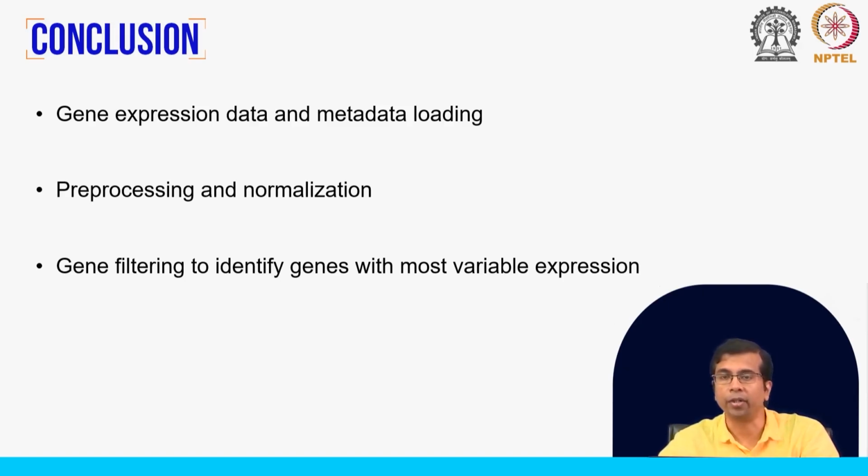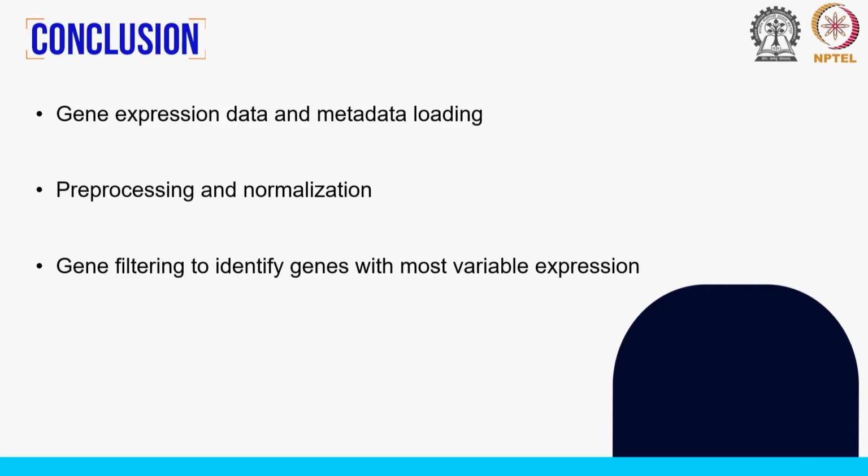So, normalization included normalization with DESeq2 package as well as variance stabilization, and after this normalization process we identified the genes that showed most variable expression, because we want to proceed with WGCNA analysis only with genes that are of most interest to us. So, we will continue with that in the next class.